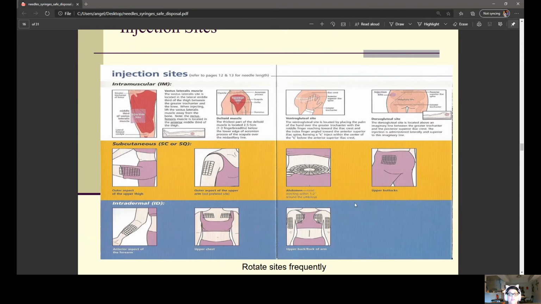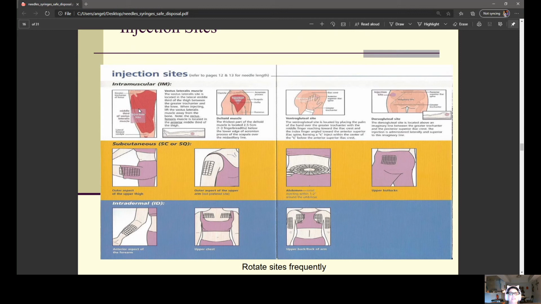And this is talking of the different injection sites. This is showing you for intramuscular, and this is the upper thigh. This area right here is the perfect injection site for babies. And pediatric will go through all on its own. But our pediatric patients don't have the muscles in their arms or other places.